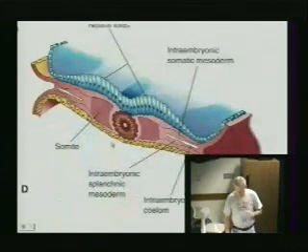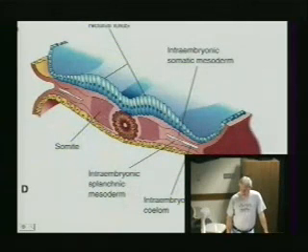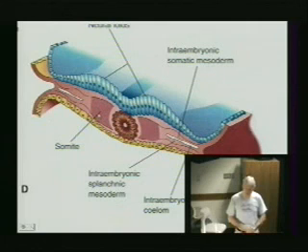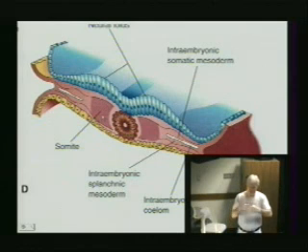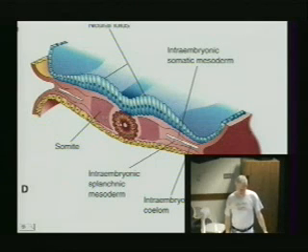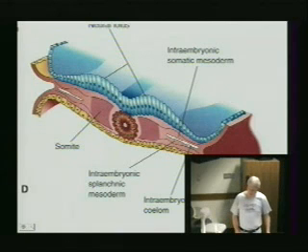So here we see the paraxial mesoderm in this area about the mid-level rostrocaudal of the embryo is where the first somite is going to appear. So the first somite is going to appear in the middle, and then they're going to begin to develop rostrally and caudally to that. And at this stage, the intraembryonic coelom is beginning to become a continuous space.